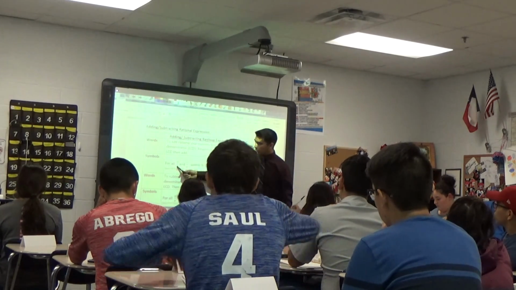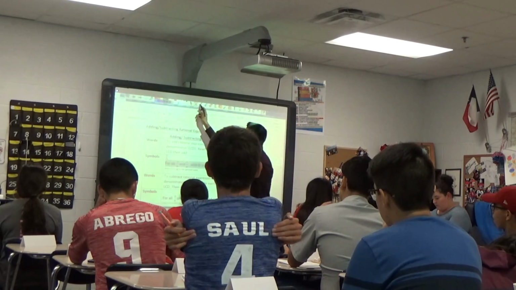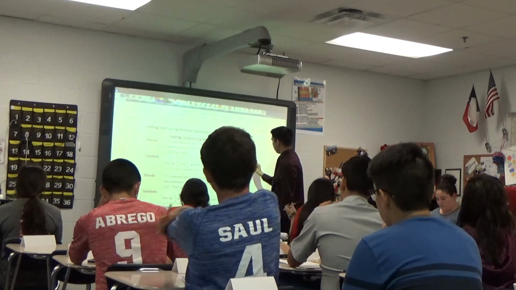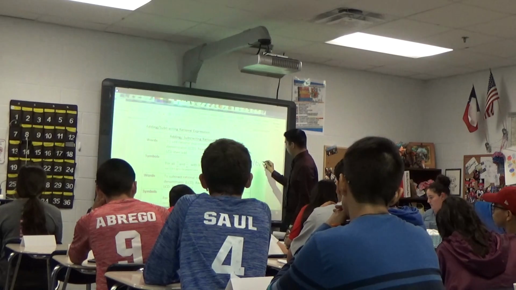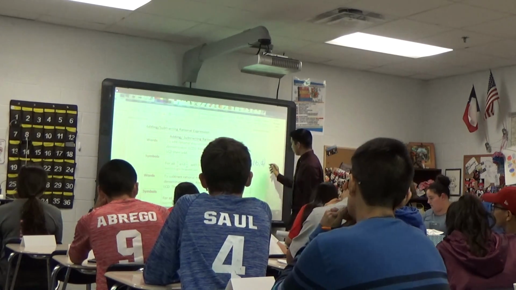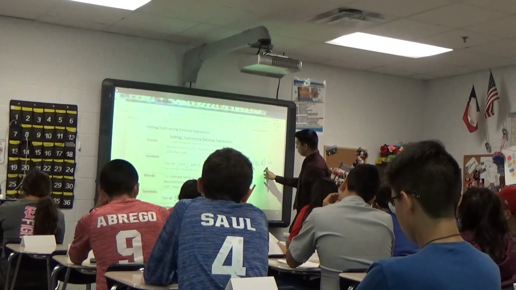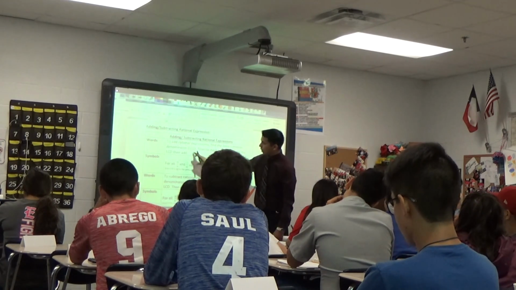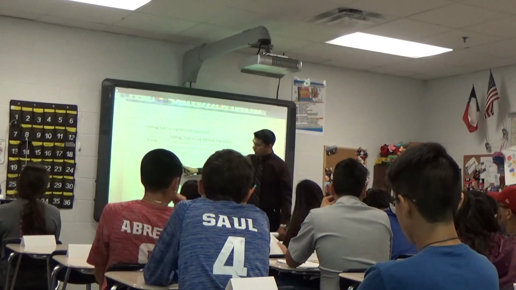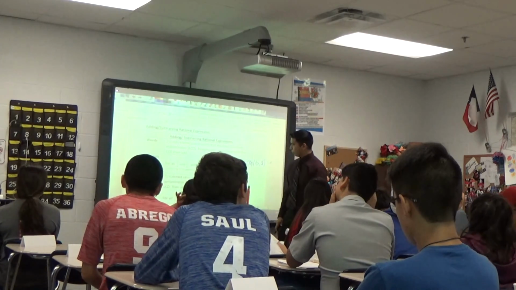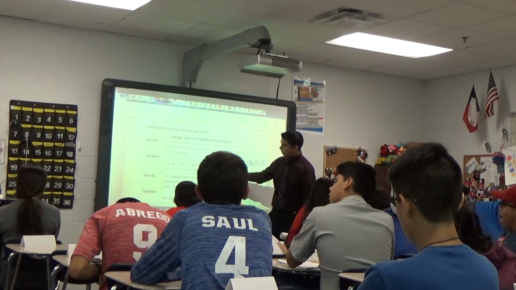So if you find the LCM of B and D, you will be able to know the least common denominator of A over B and C over D, as long as B is not 0 and D is not 0.